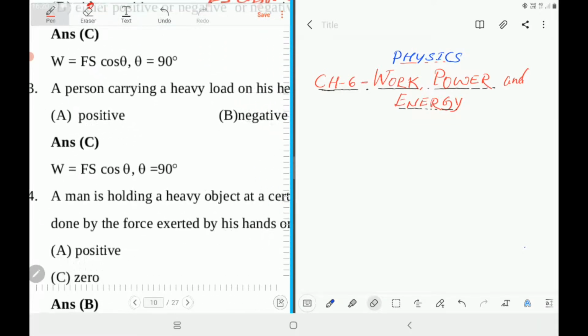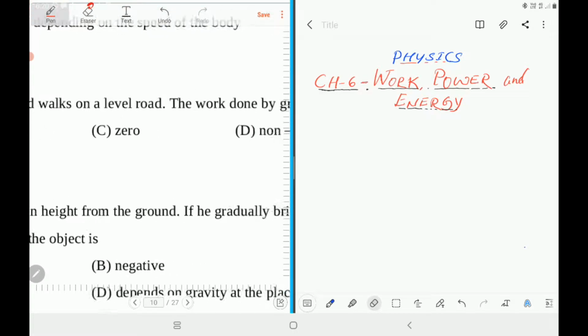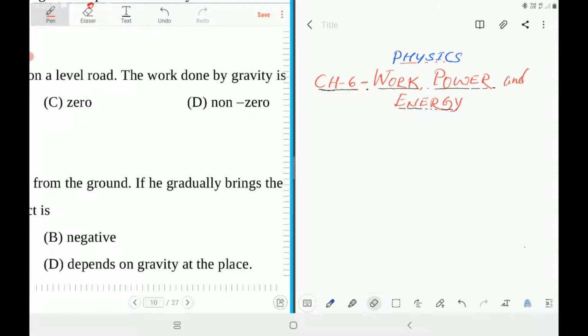The next is: a person carrying a heavy load over his head walks on a level road. What's the work done by gravity? Actually, when a person carries a load over his head, this is the ground, right? Over his head he is carrying the load with a force. What is the weight?